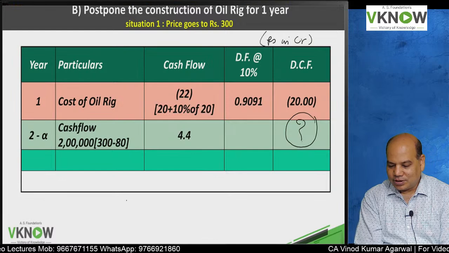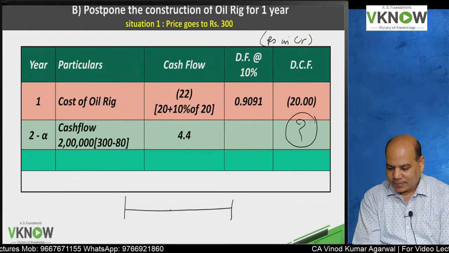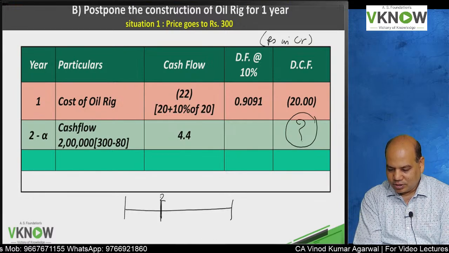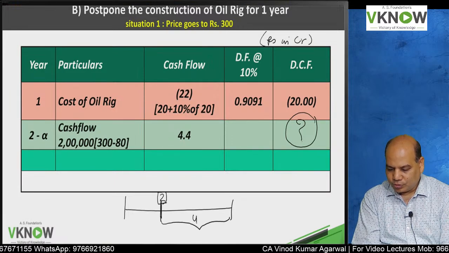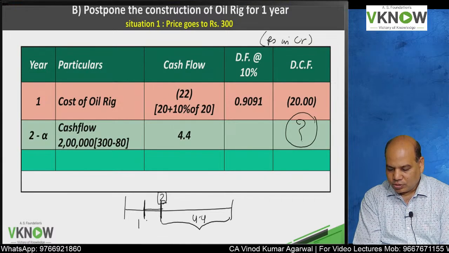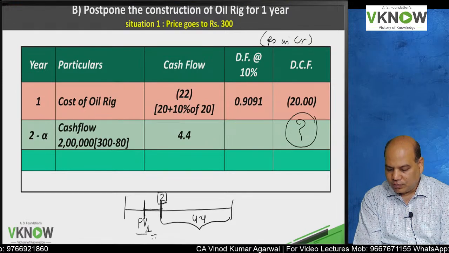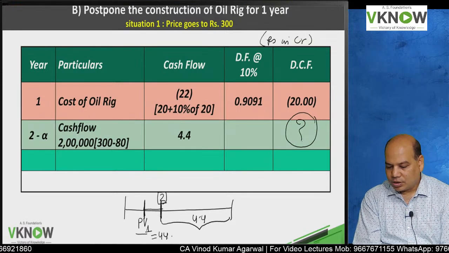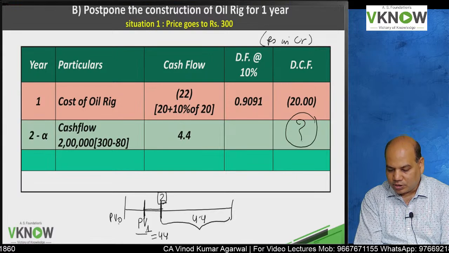I know somebody will say 44. You are here in year 2 and you are getting cash flow 4.4. If you apply the formula, you will get PV at the end of year 1. So PV1 is 44. PV0 will be how much?